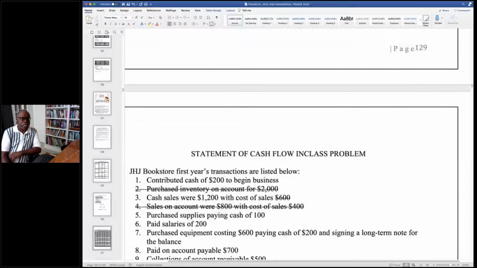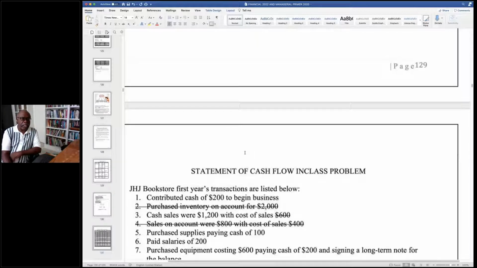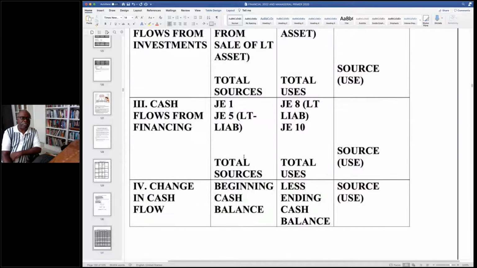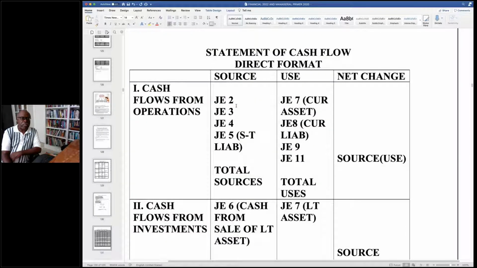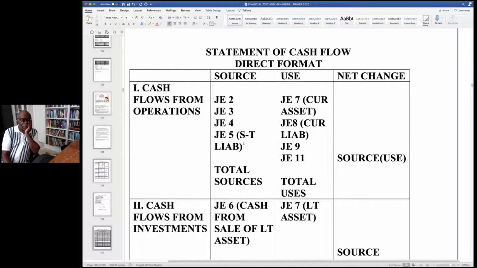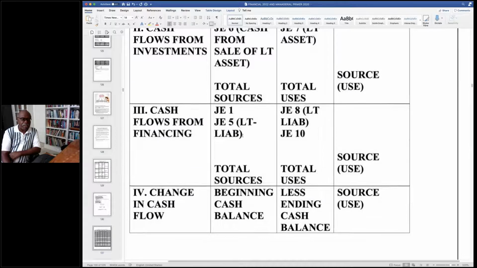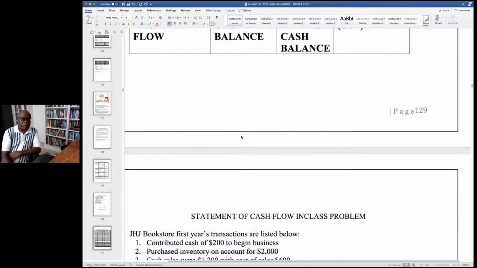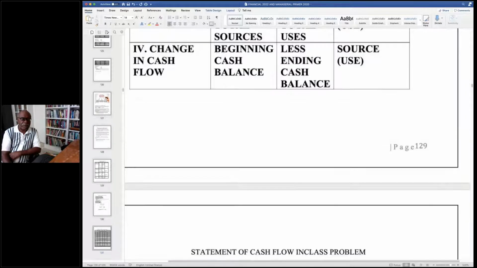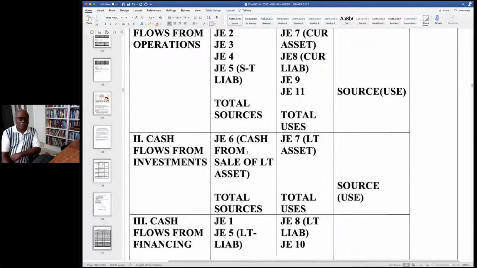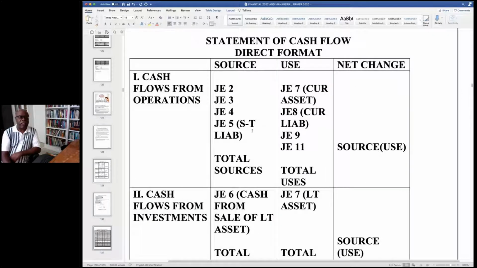So let's look at our next transaction. Cash sales were $1,200. So what do you think we're going to do with that? It's a type what? Cash sales of $1,200. What type is that? Do I have any C students today?